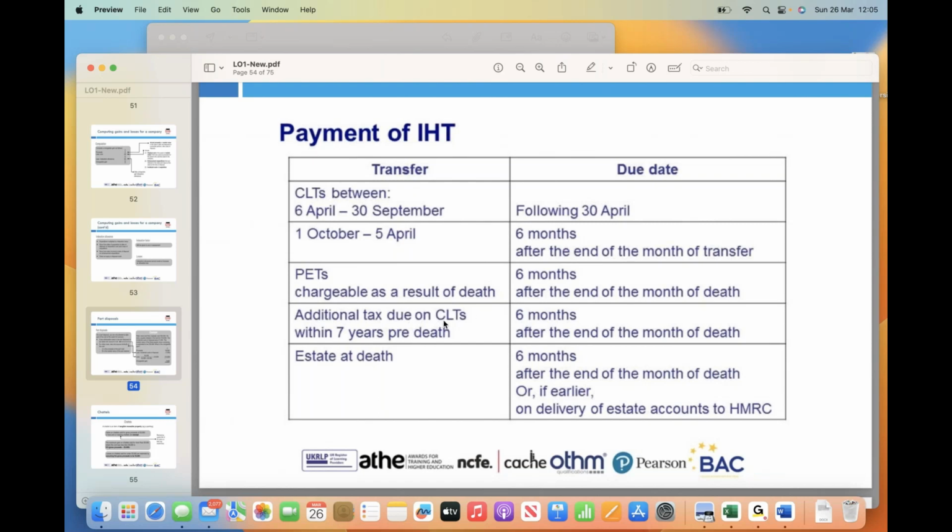Additional tax due on CLTs within 7 years pre-death, 6 months after the end of the month of death. Estate at death, 6 months after the end of the month of death, or if earlier, on delivery of estate accounts to HMRC.